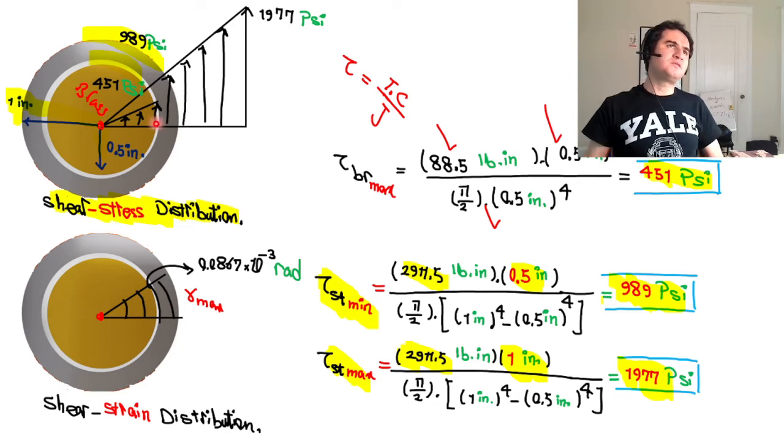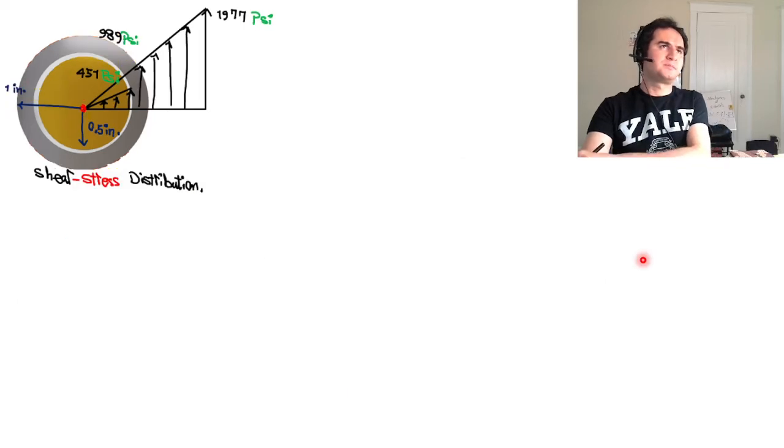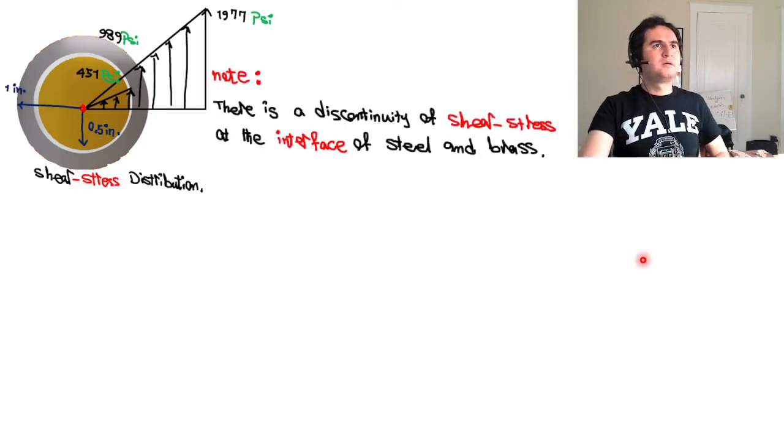The reason for the discontinuity, as you can see here at the interface, is that you get two numbers, 451 psi for brass at the interface and 989 psi for steel minimum tau. There is a discontinuity of shear stress at the interface of steel and brass.